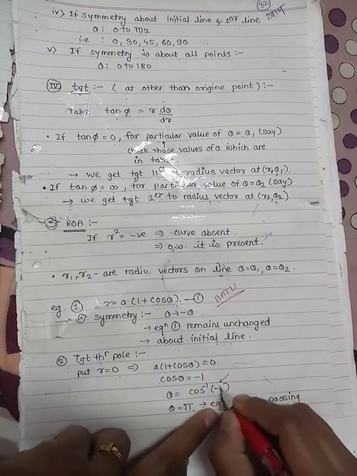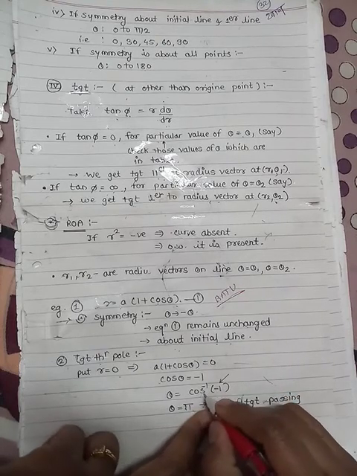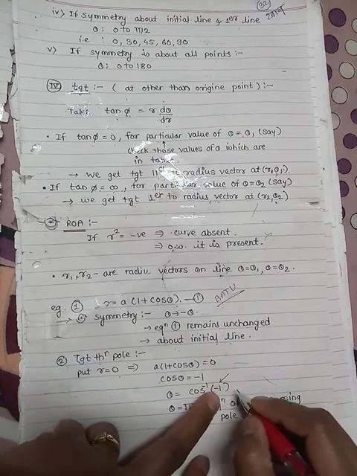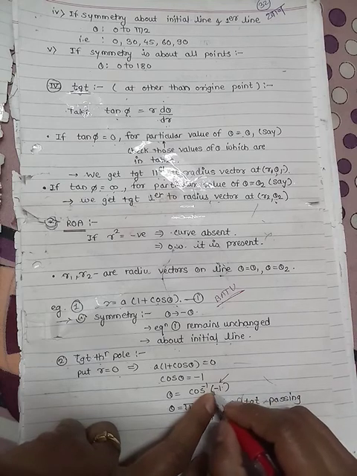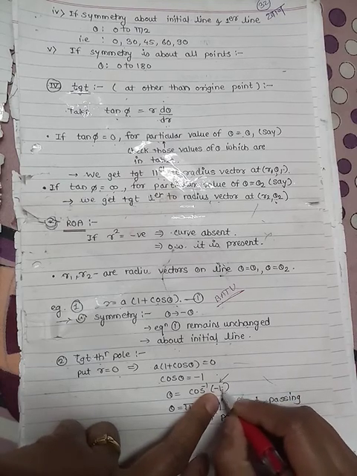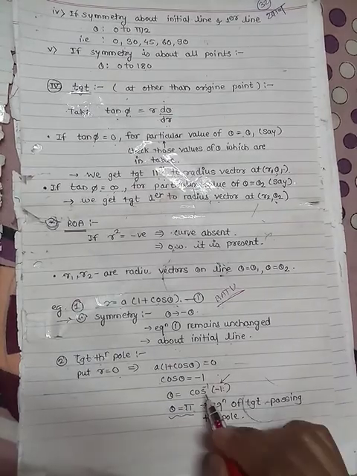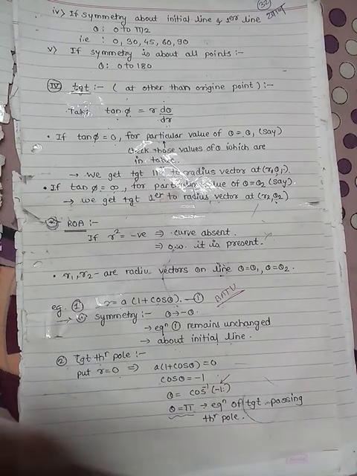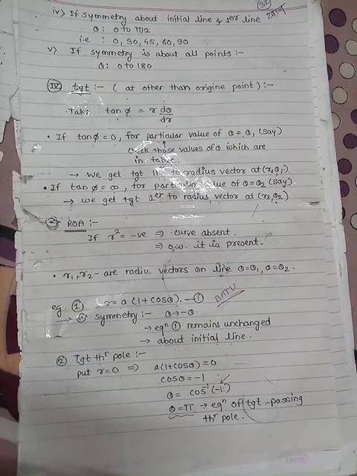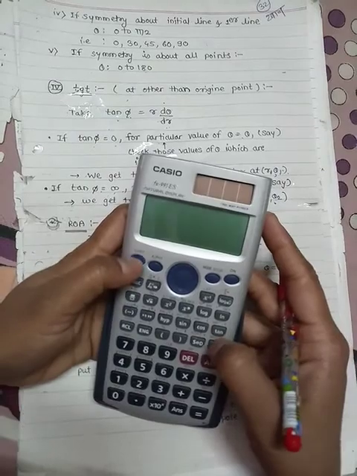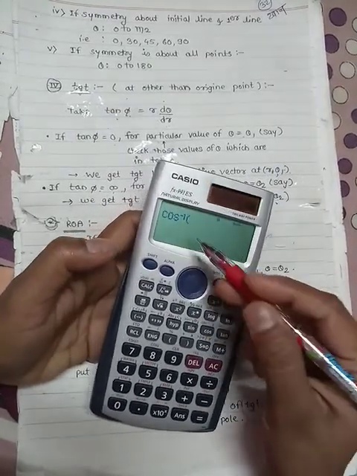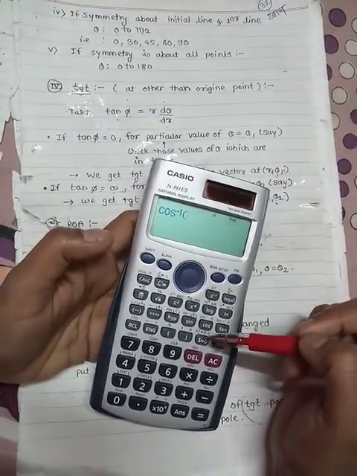So for which angle is this the value? For which cos angle is the value minus 1? So theta is equal to pi. Pi means 180. You can check on the calculator. The cos inverse button is there.